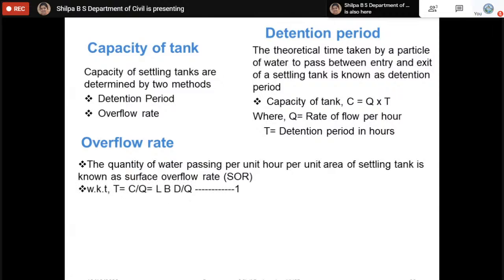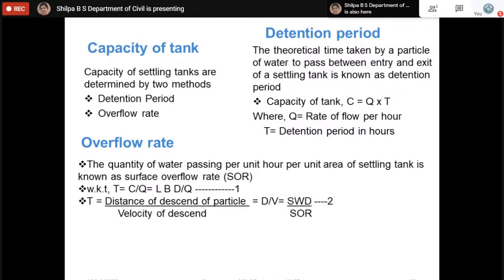So according to the above relation, we can write the detention time T equals C by Q, where C is the capacity of the tank, and the capacity can be calculated as length into breadth into depth of the tank, divided by the flow rate. The detention time can also be calculated using the relation T equals the distance of descent of the particle by the velocity of descent.